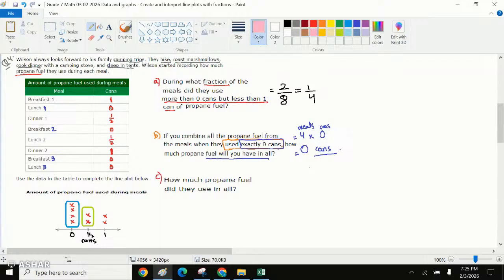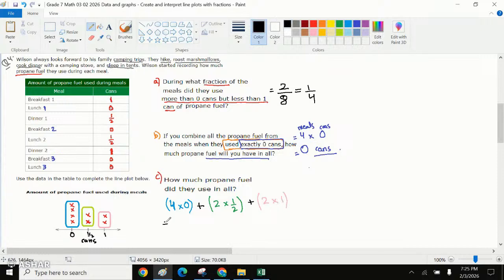As per the given diagram, we can say 4 cans, 4 times 0 cans were used, right? Plus twice half a can was used, plus twice 1 complete can was used, right?